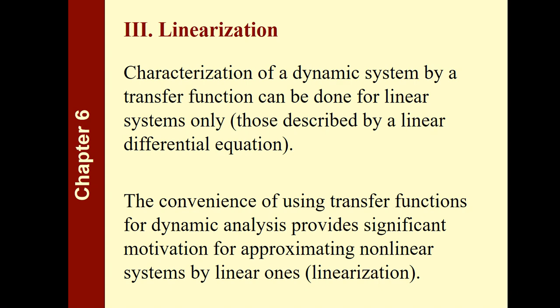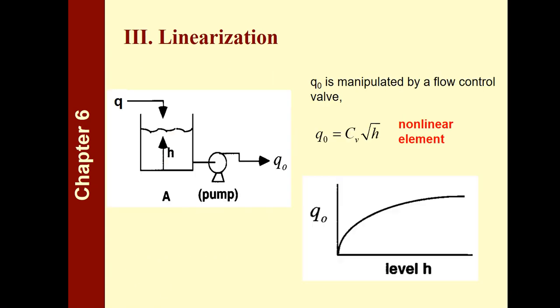After getting the transfer function, we are ready to predict the different responses based on the different types of input. Now, a classic system wherein the method of linearization is used is the case of a pump that is being used to dispense fluid from a particular tank or container.